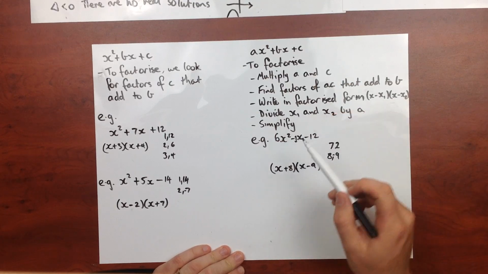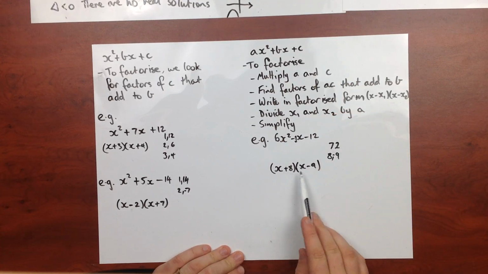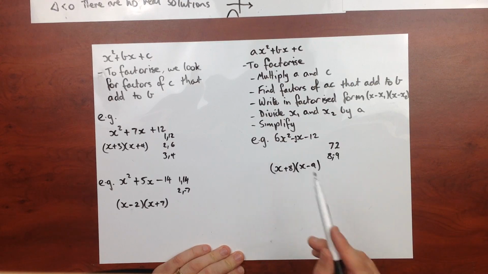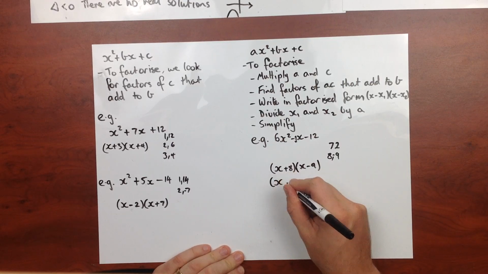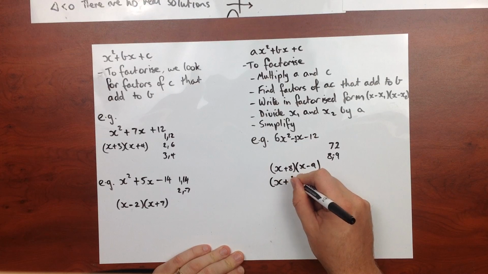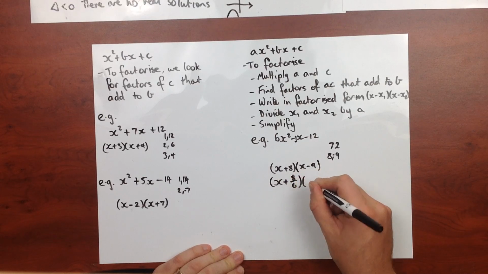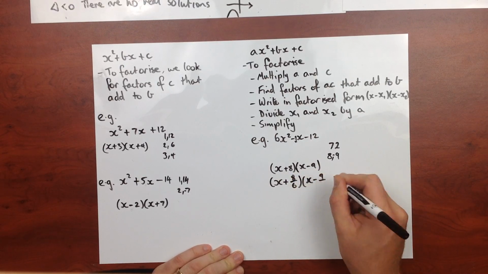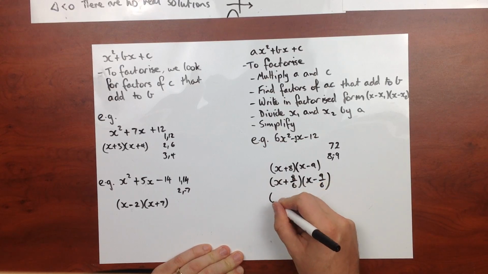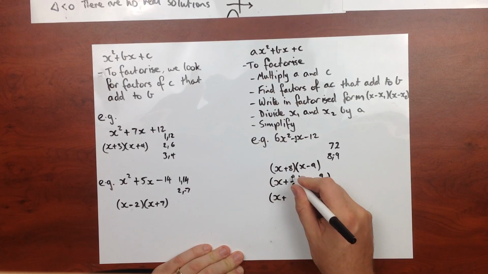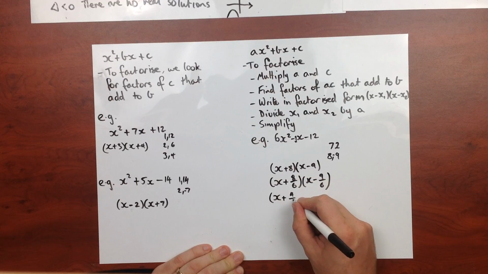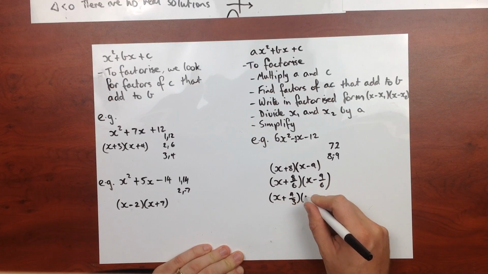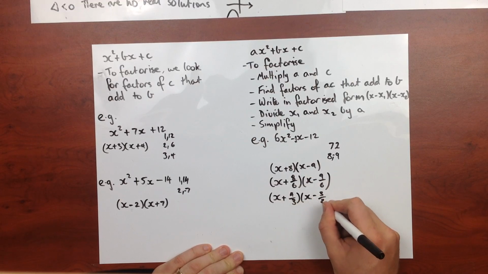We need to divide x1 and x2, these numbers, by a, in this case 6. So we say we've got x plus 8 on 6, and x take 9 on 6. Simplify those fractions, it's going to give us 4 on 3, and 3 on 2.